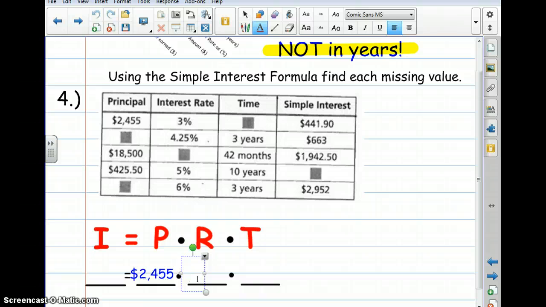So 3% written as a decimal is 0.03. We do not know the time, so we're going to leave that just as T because it's the one thing that we don't know. And it's simple interest, that's the amount that's earned. And that, in this case, is $441.90. So we'll put that where interest goes.